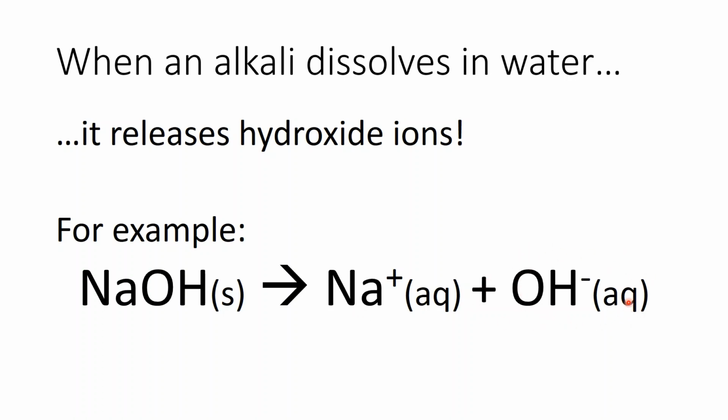That's the key thing. Those hydroxide ions are what make alkalis alkalis. So when an alkali dissolves in water, it releases hydroxide ions. Please pause the video if you need to update your notes for the fact that acids release hydrogen ions when dissolved in water and alkalis release hydroxide ions when dissolved in water.